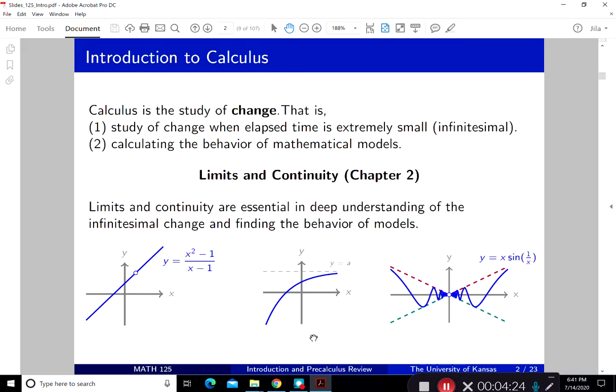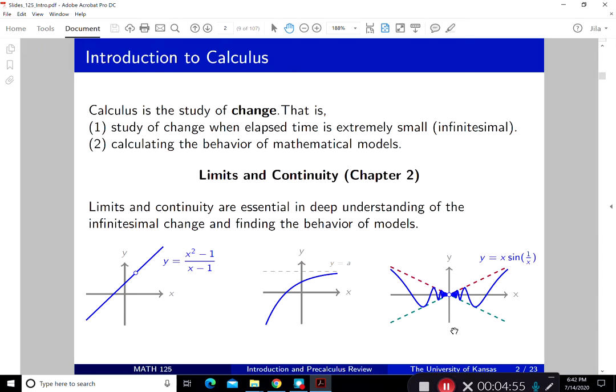All of that said, there are other types of functions that we discuss for limits and continuity. One of them can be this type of function. If you see that y equal to x sine of 1 over x, the domain does not include 0. So if I want to define this over the entire real numbers, we have to make it into a piecewise defined function.